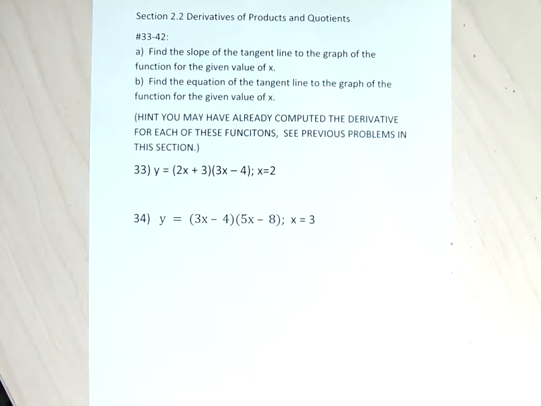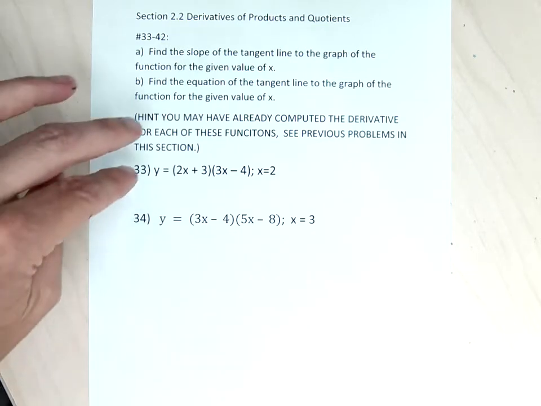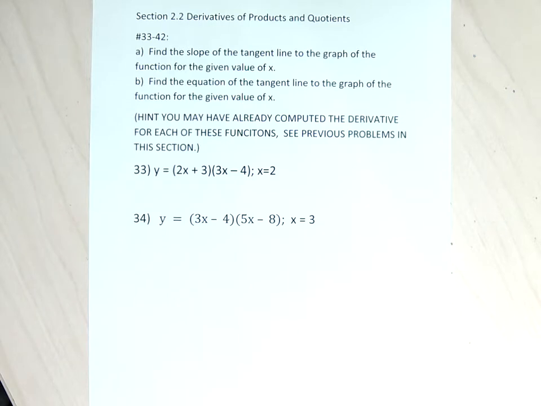Some of the functions in the first group of problems are the same functions that we saw earlier, but I'm going to pretend I don't know this comment here. Hint: I may have computed some of these derivatives already. So for problems 33 through 42, which is the rest of what we have left, I think I'm going to do a part 3 with the rest of this.